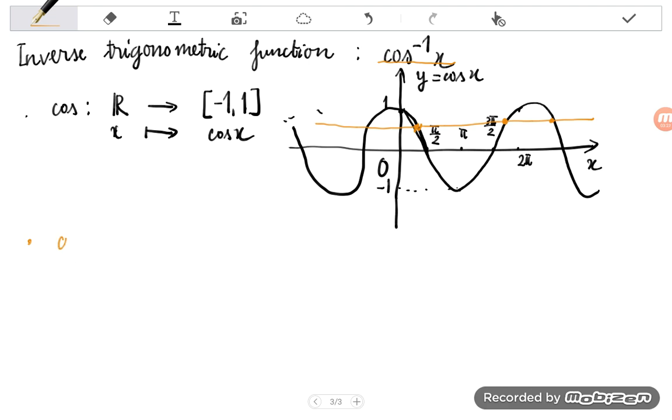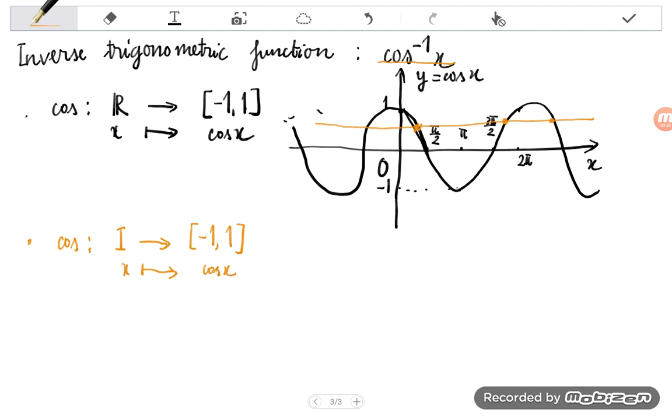We also call this a cosine function, but it's not from R to the closed interval -1 to 1. It's from an interval I to the closed interval -1 to 1, and of course, it also maps x to the cosine of x.